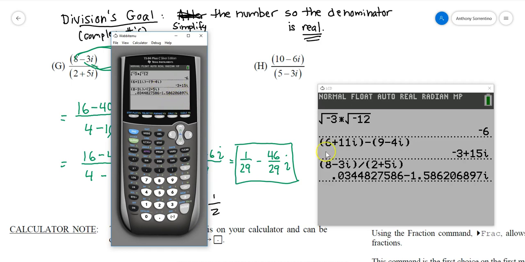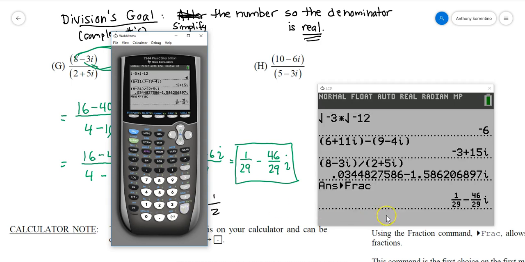Now I get some nasty decimals here, but I do have a fraction command on my calculator. And you can see it's 1 over 29 minus 46 29ths i. So it comes out to be the same answer, and you could definitely check this on the calculator as well.